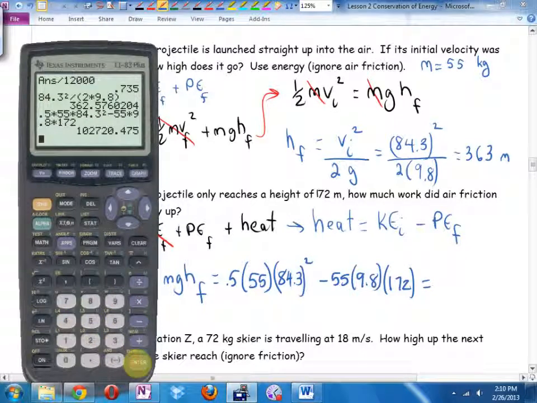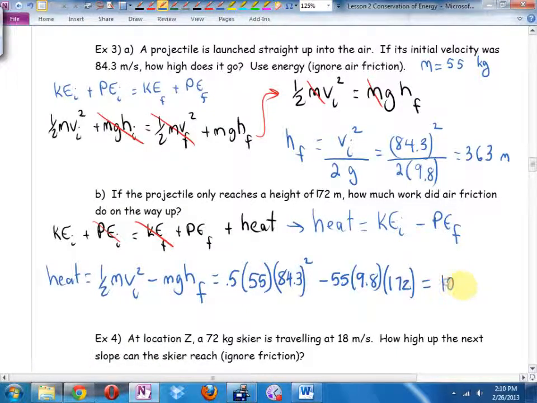Do you get 102,720.475? How about 103,000 if I go to 3 sig figs? You were right. Units. Heat's energy. Joules.